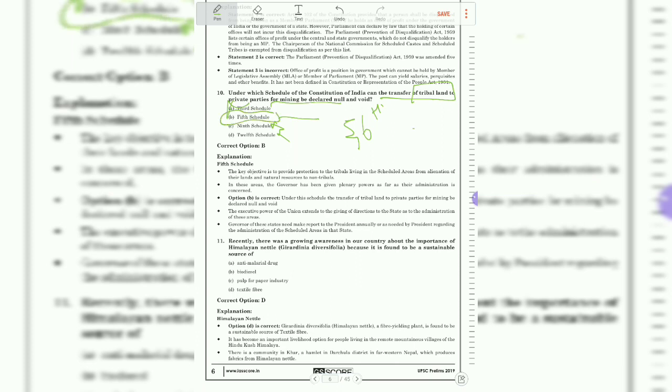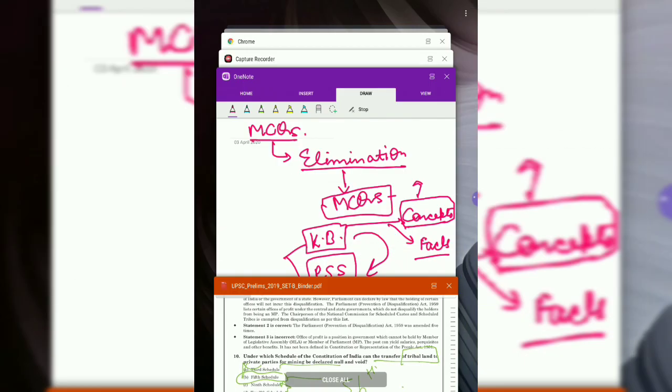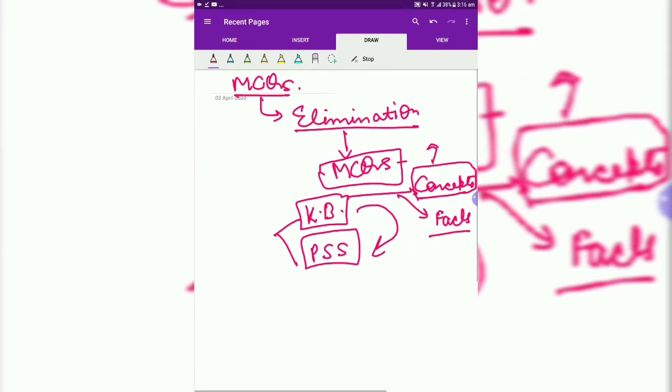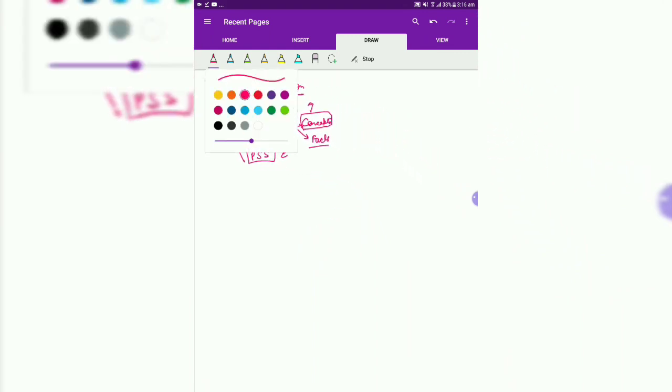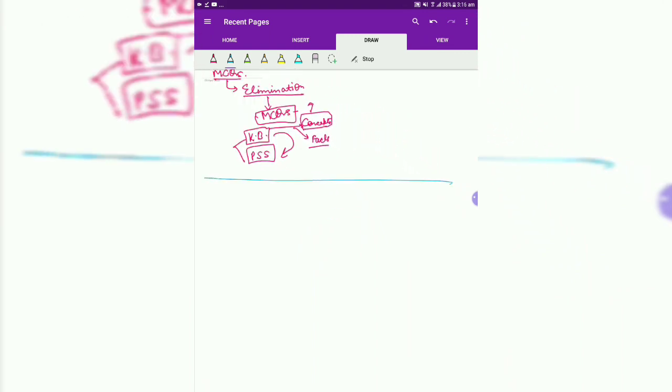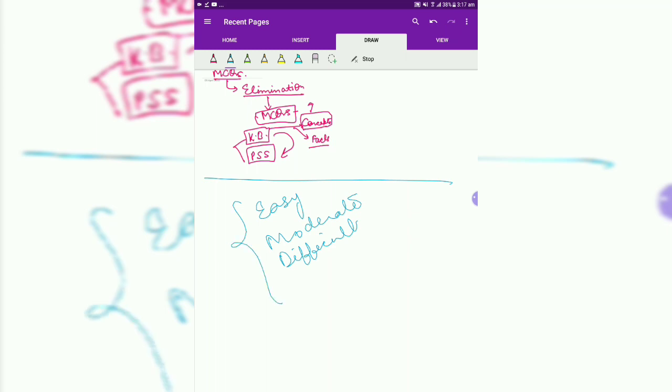So one more thing I can tell you is related to easy, moderate and difficult questions. Suppose there are 100 questions in the paper, right?